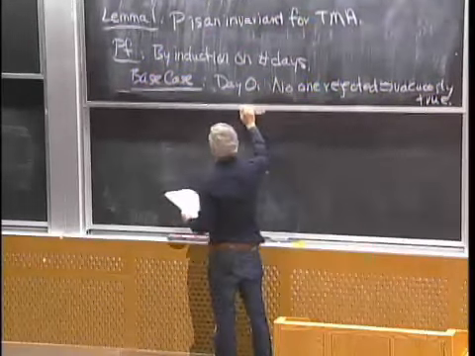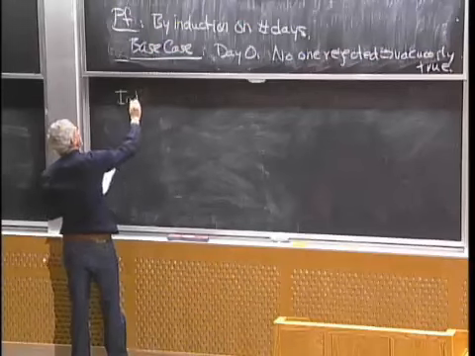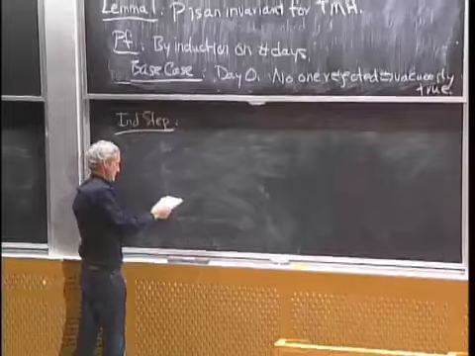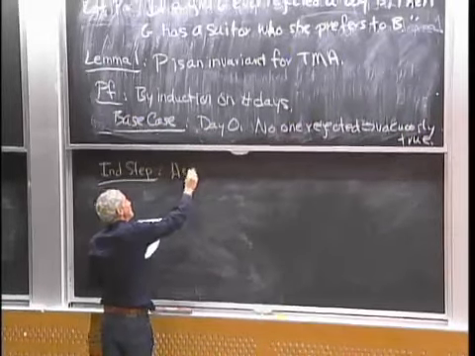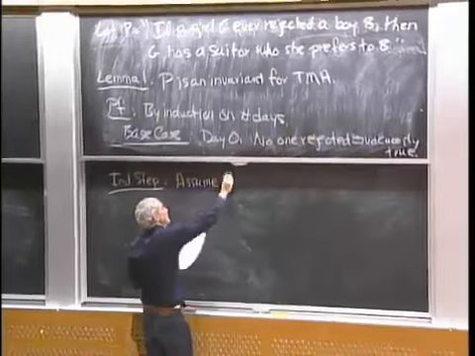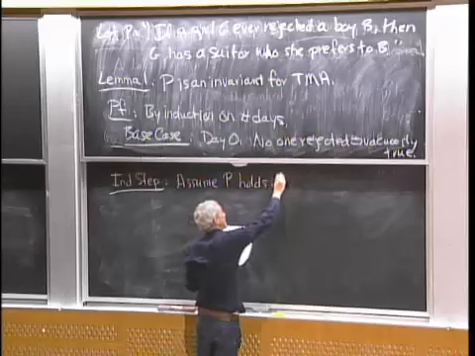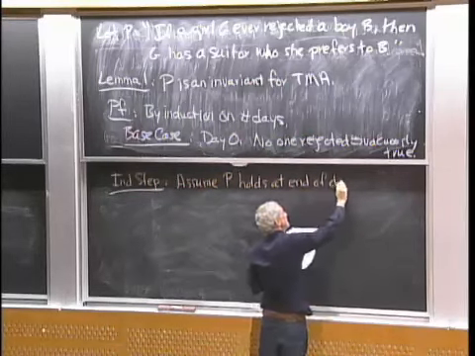All right, next we have the induction step. Now, we'll assume P holds at the end of day D. And we need to argue that it holds now at the end of day D plus 1.